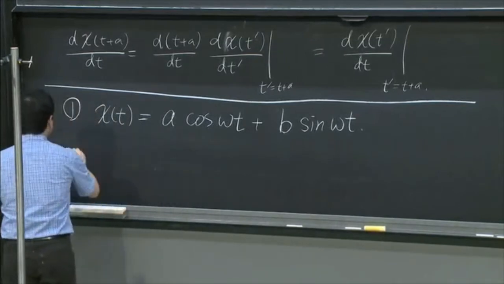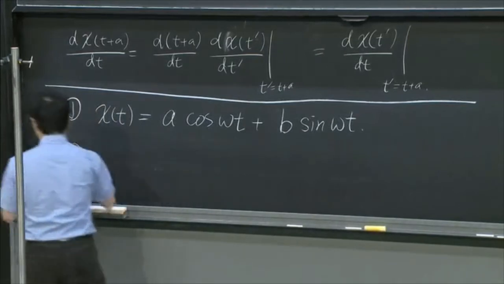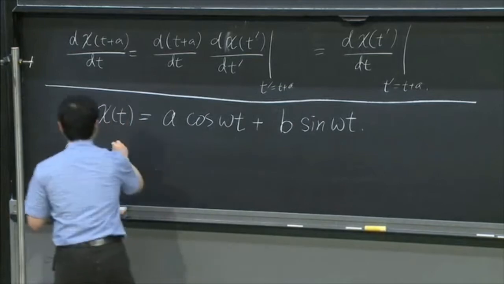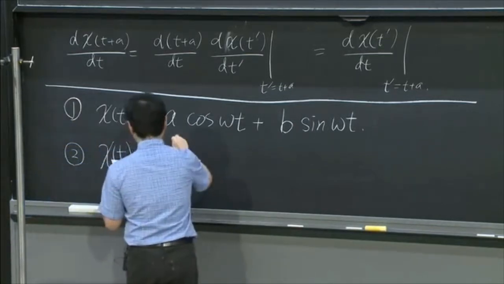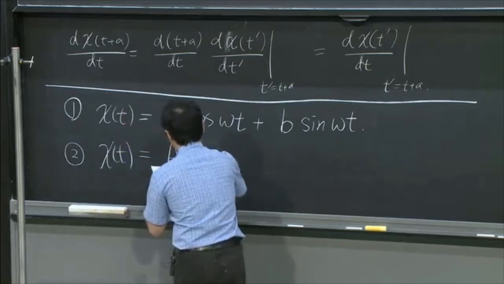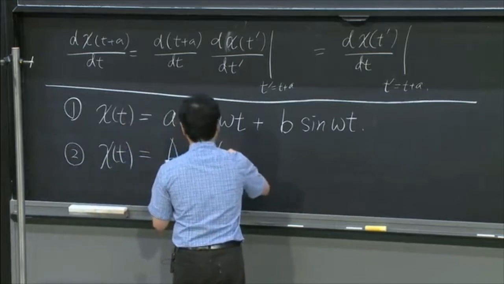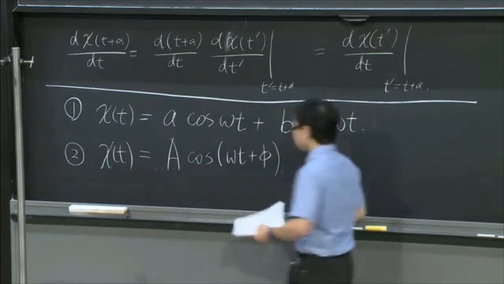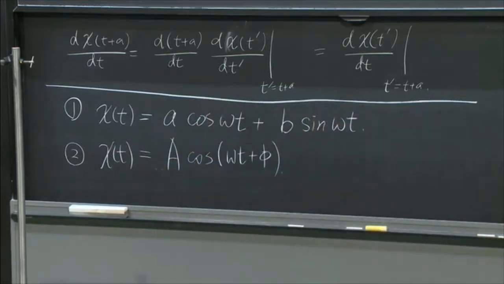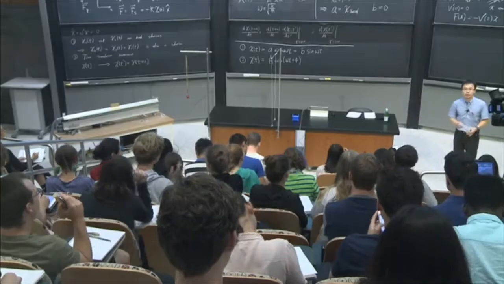We can also rewrite it in a different way. x of t equal to capital A cosine omega t plus phi. You may say, wait a second, you just promised me that the first one is the one and only solution in the universe which satisfies the equation of motion, right?